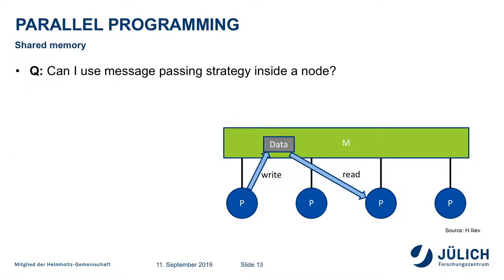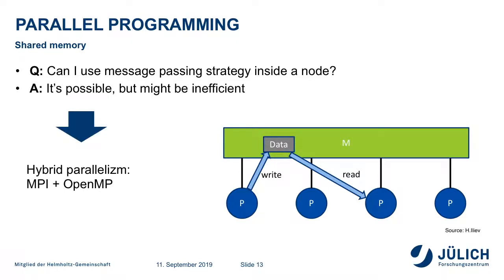The question is, can I use the message passing strategy inside a node? So if I have such a machine, can I divide this memory between these four processors and, instead of just writing data, pretend it's separate and send messages? Well, the answer is it's doable, but it might be very inefficient.